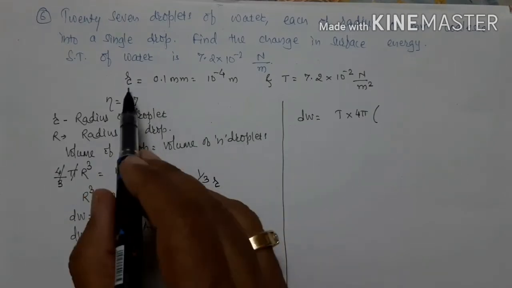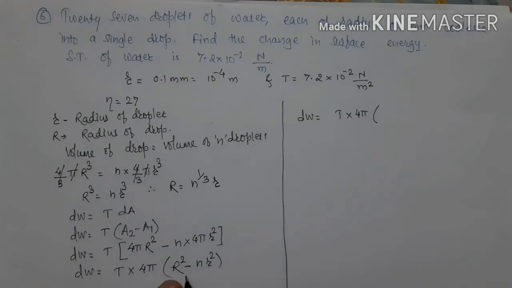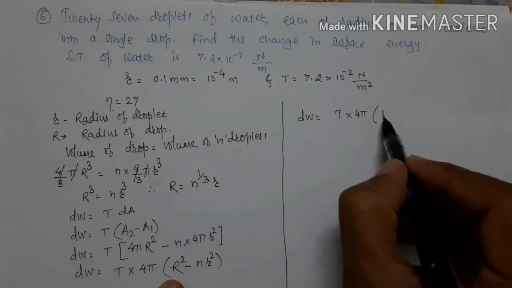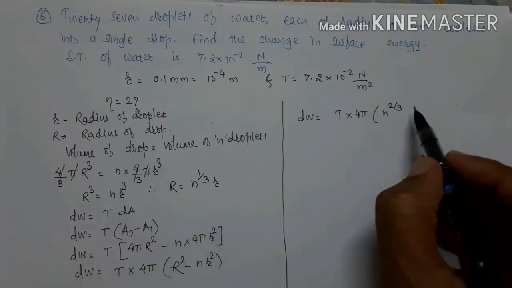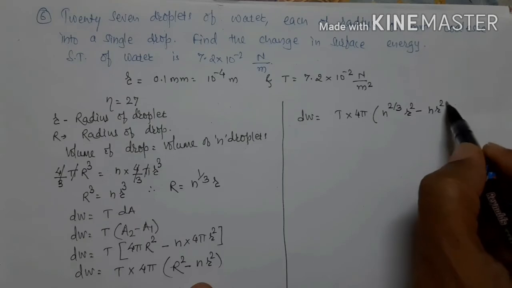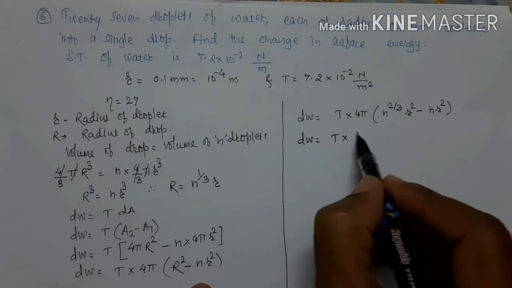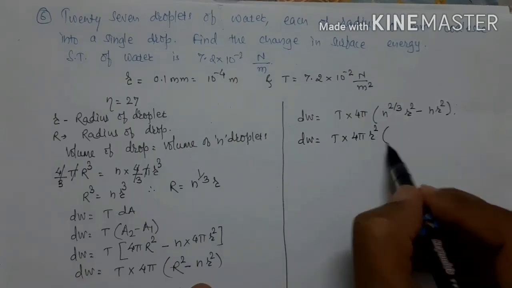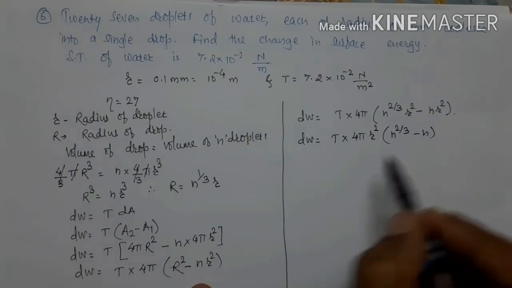We know the value of small r, the radius of the small droplet, so I will write capital R in terms of small r. Square of capital R is n raised to 2 by 3 into r square, minus n into r square. Therefore work done is T into 4 pi, and taking r square as common, what remains is n raised to 2 by 3 minus n.